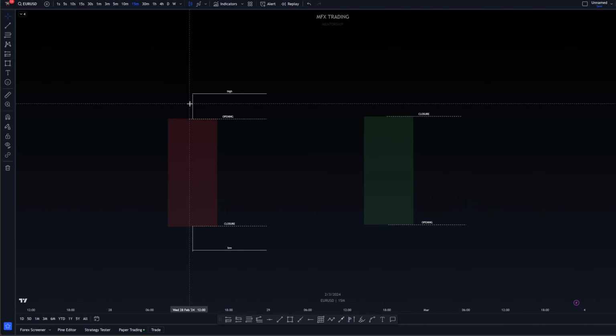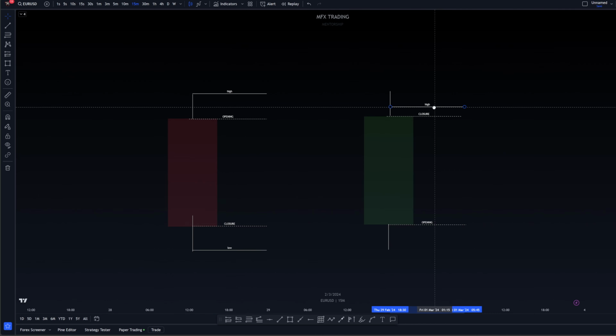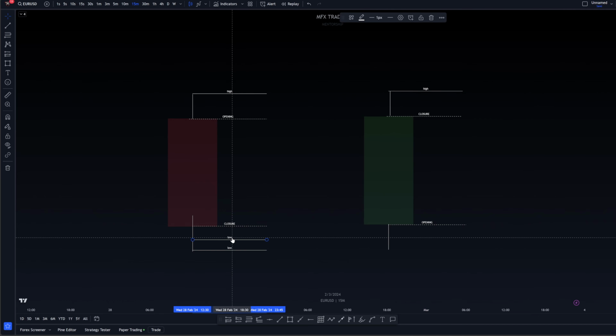For the highs and the wicks, it's basically the same. Let's draw the wicks. Then this is still the high, and this will be the low.